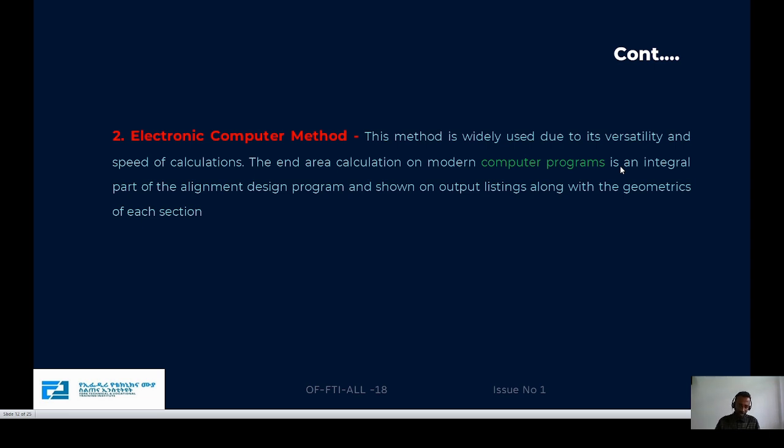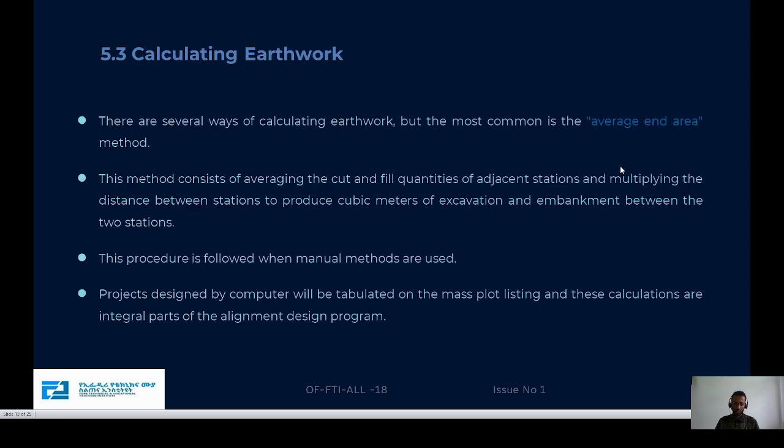Lastly, the output of the programs will be the earthwork. The area of cut and the volume will be given. Calculating earthwork is most commonly done by using the average end area method.